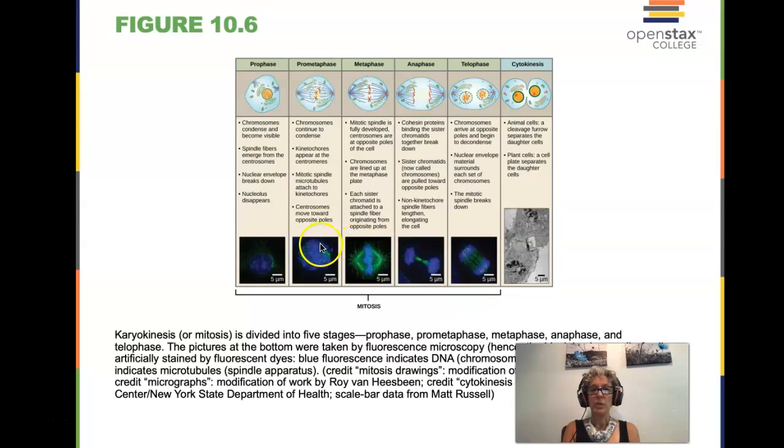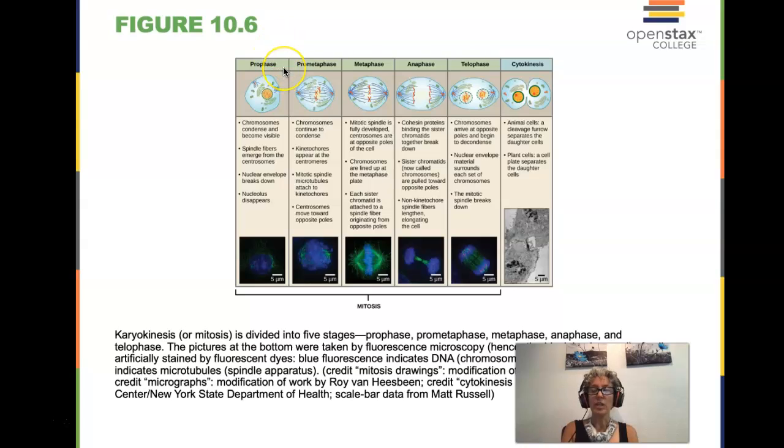This very tiny picture goes through the stages of mitosis and tells us what's happening at each of those stages. This book uses prophase and prometaphase. I will sometimes just say prophase to encompass both of those. There are a few different, more advanced stages that happen in prometaphase.